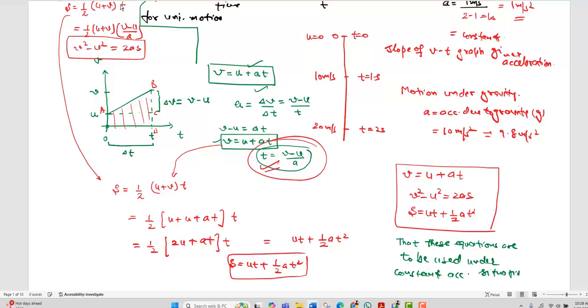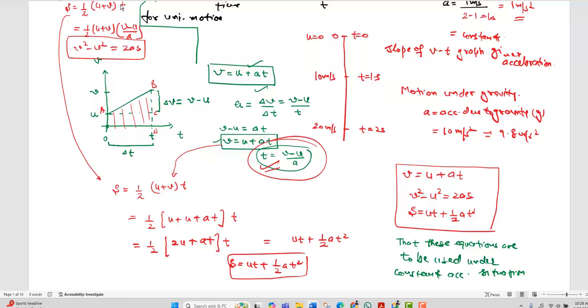They will not ask you about other situations of non-uniform acceleration, but still I am telling you so that I can structure your mind, so that when you move to higher class 11th, you have an idea that I have to use these equations only when the acceleration is constant. Other than that, you can't use these equations, right?